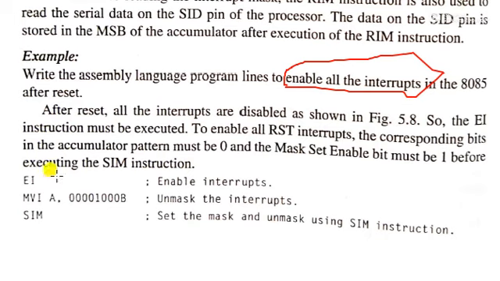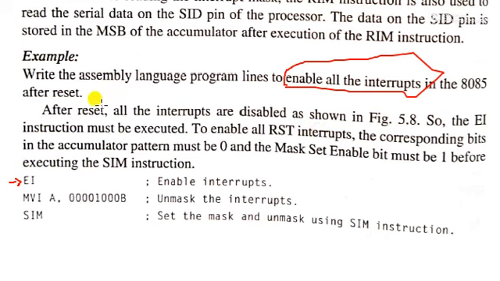So writing the program, first we use the enable interrupt instruction, because if we do not use this instruction, the interrupt will not be masked, and we cannot mask or unmask the interrupt, because firstly we have to enable the interrupt. Okay, so enable interrupt, then we write the program.